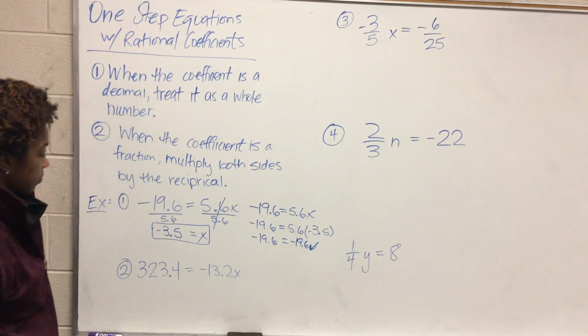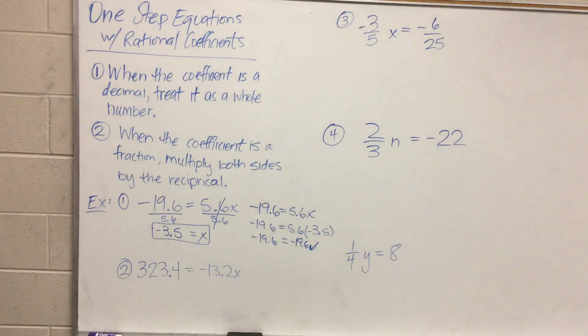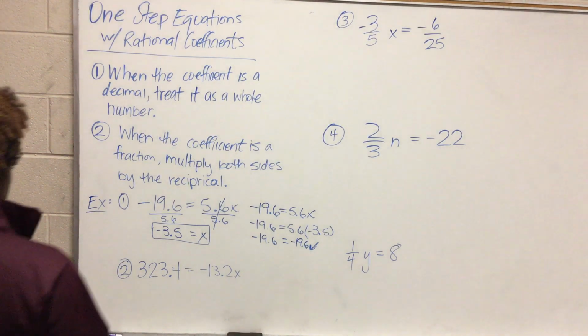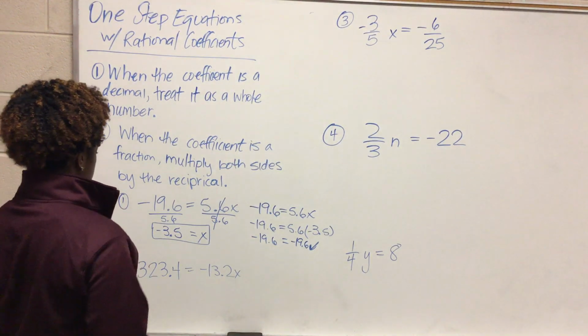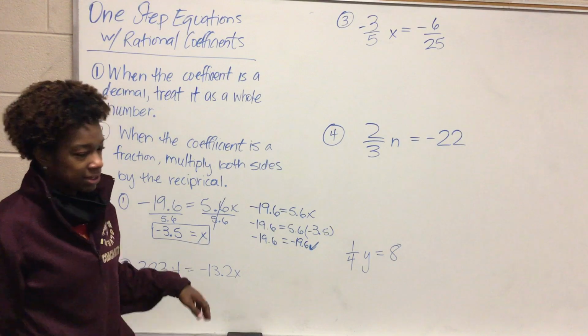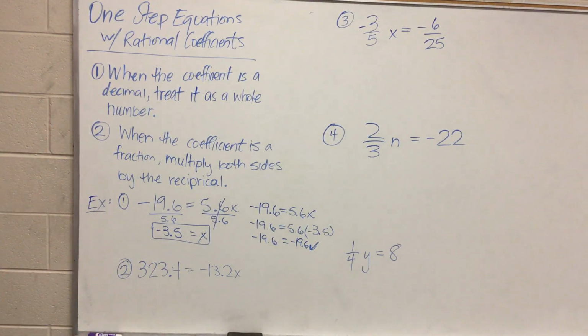Okay? Now, I want you to try number 2. Pause it. Alright, so for number 2, we have 323.4 equals negative 13.2x.